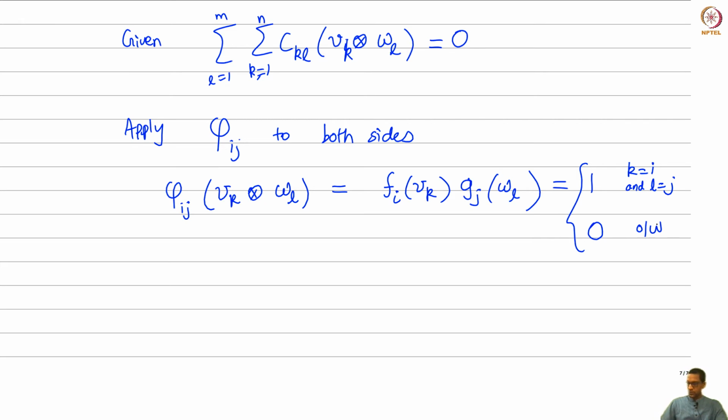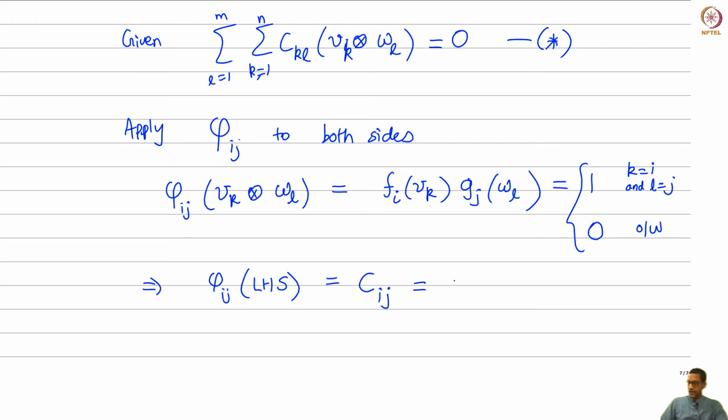Okay, good. So what does that mean? Which implies when I apply phi ij to the left hand side of this equation, all the terms are going to become 0, except a single term which corresponds to vi tensor wj. In other words, I will just get cij as my answer.